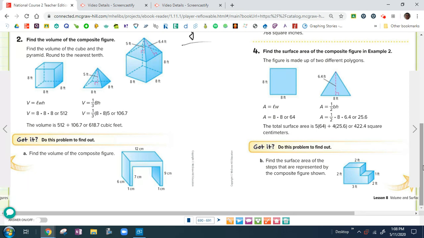I have a height of 2, and that's 2. Looks like this is a 1 by 1. So this area here would be 2 times 2, which equals 4, circle. And this area here would be an area of 1 by 1, which gives me 1, circle.